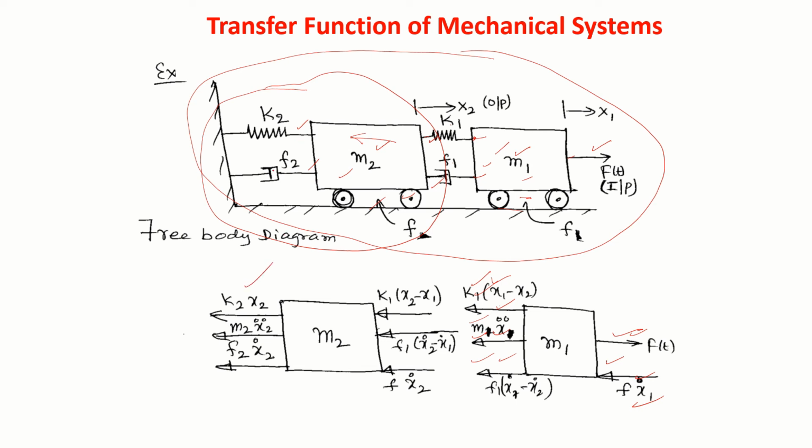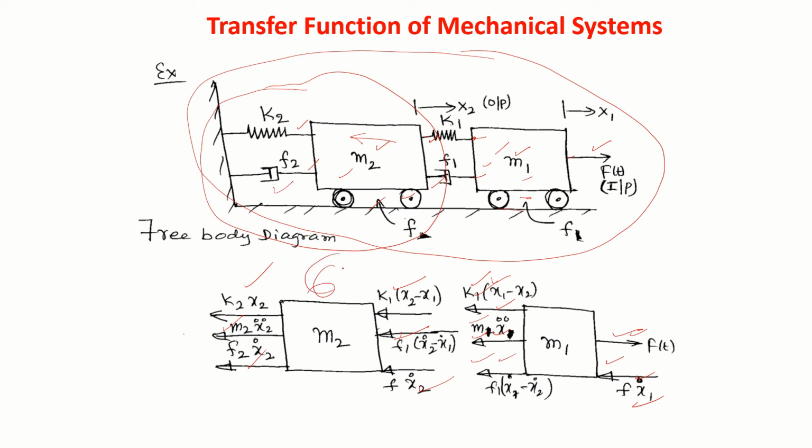This should be F2 x2 dot. Yes. Inertia force M2 x2 double dot. Then this is relative, so K1 x2 minus x1. This is F1 x2 dot minus x1 dot. Then this is F2 x2 dot. So you got all the 6 forces.